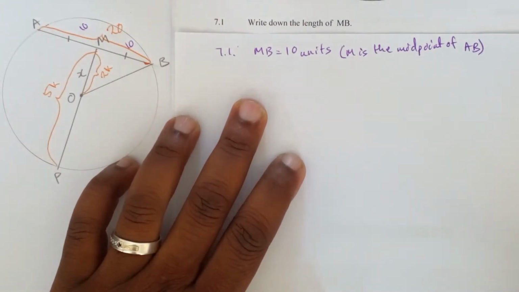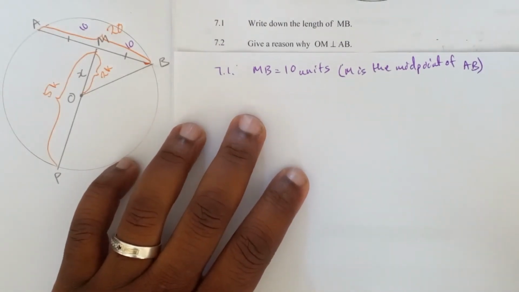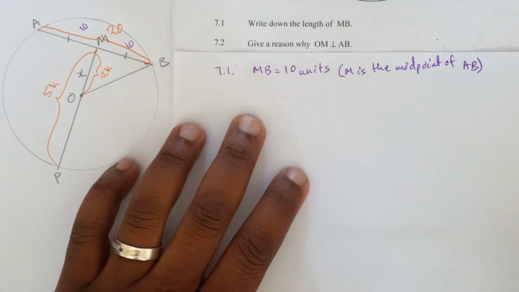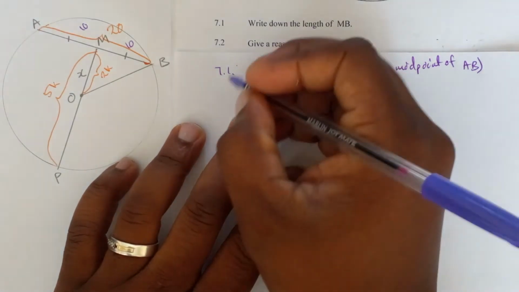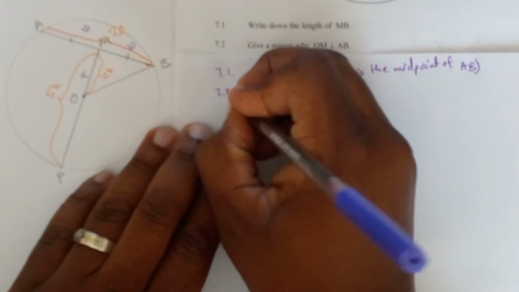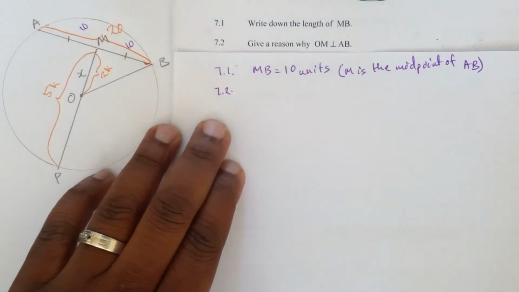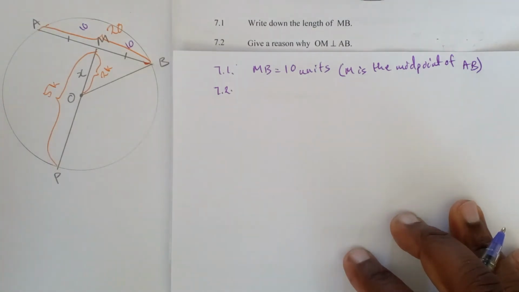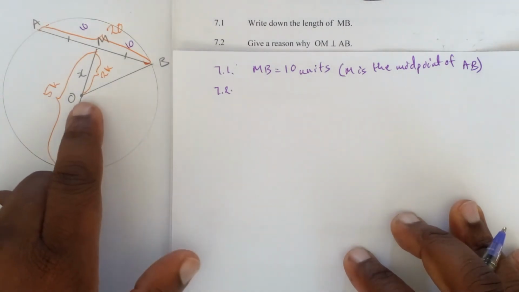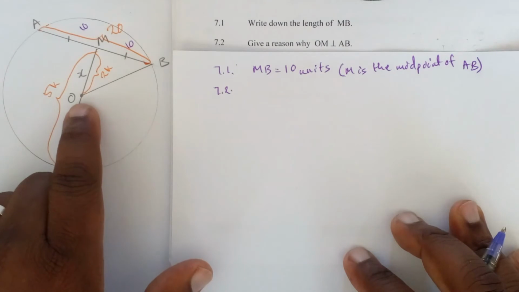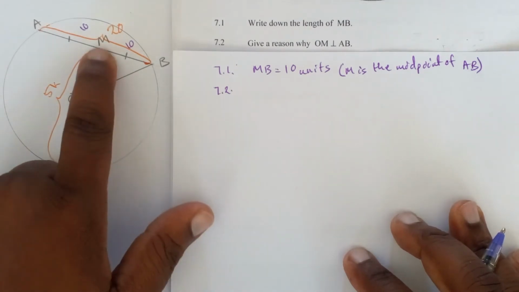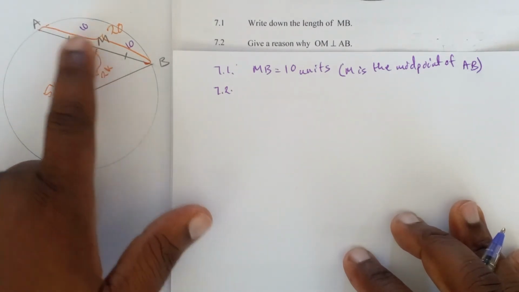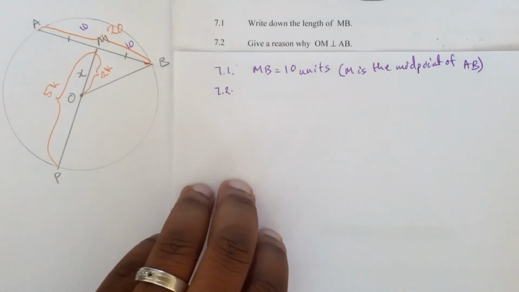Let's see, what's the next question? Give a reason why OM will be perpendicular to AB. Remember our theorem: a perpendicular bisector of a chord passes through the center. And the first theorem we had is that if you draw a line from O to M at an angle of 90 degrees, it divides the line into two equal parts.